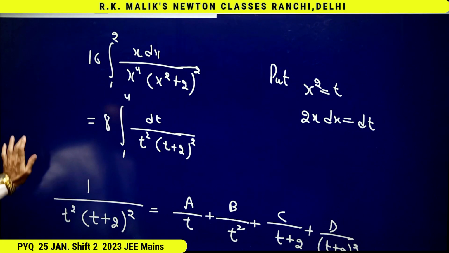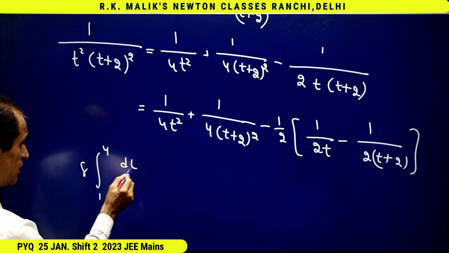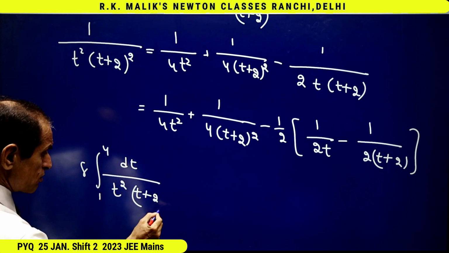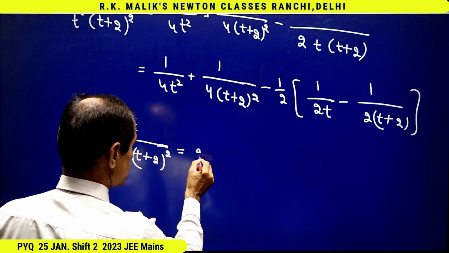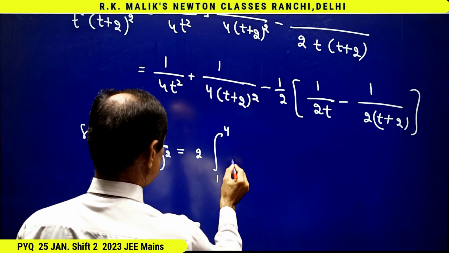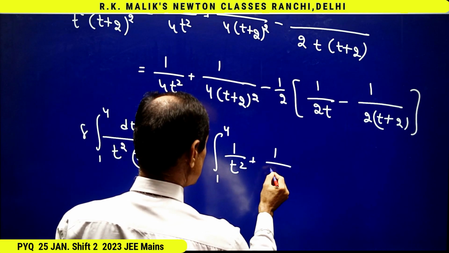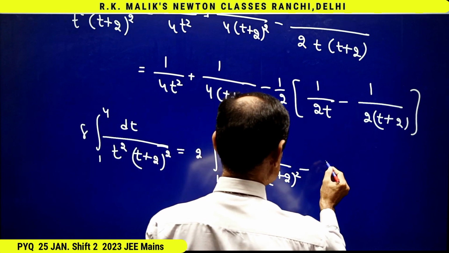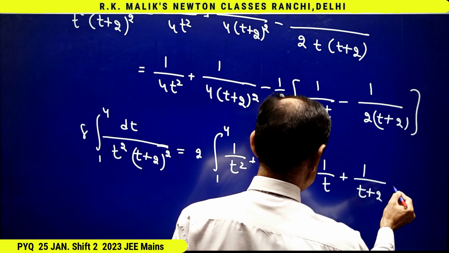Hence the value of this, that is 8 times ∫ from 1 to 4 of dt upon t² (t + 2)², is equal to 2 times ∫ from 1 to 4 of [1/t² + 1/(t + 2)² − 1/t + 1/(t + 2)] dt.